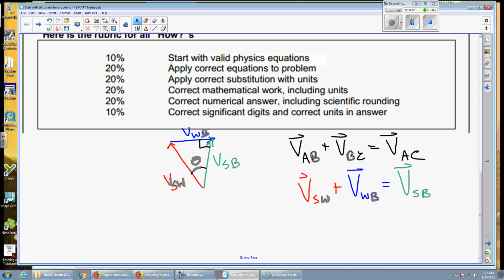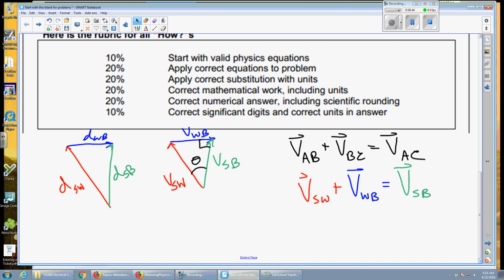So that's my velocity triangle. I would have an identical displacement triangle. So that would be the displacement of the swimmer with the water. That would be the displacement of the water to the bank. And that would be the displacement of the swimmer to the bank.